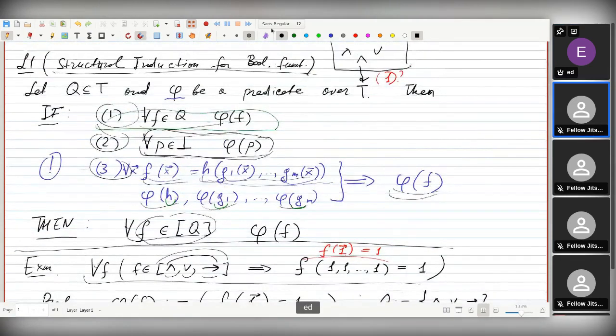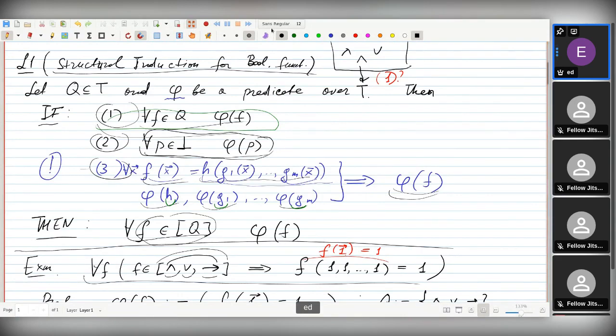Yes. So we have obtained quite a universal way to prove inductively that every function from the closure of Q satisfies some property. It suffices to prove that this property is true for all basic functions, for all projectors, and also that this property is preserved by superposition.